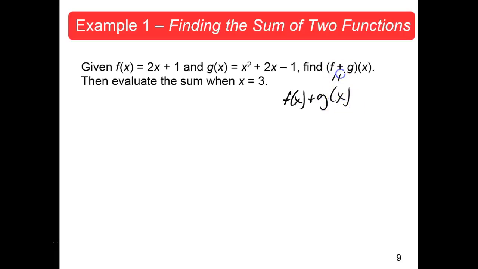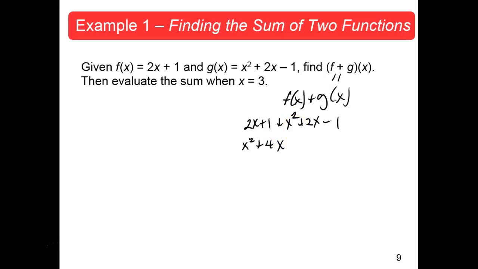That's the definition of the sum function. You add those two together, so that would be 2x plus 1, that's the f, plus x squared plus 2x minus 1. There is a sum of those two functions. Now, rearrange, combine like terms, what do you get? x squared plus 4x, done.